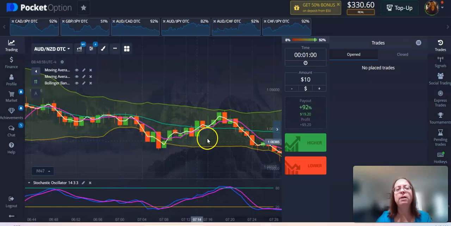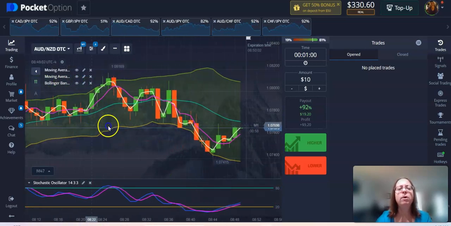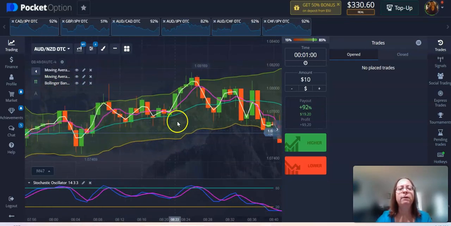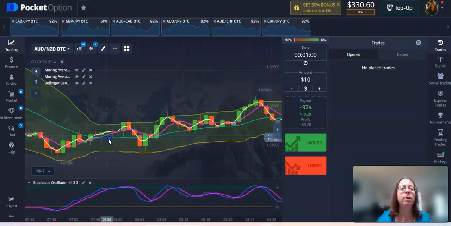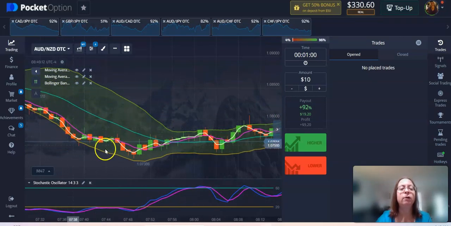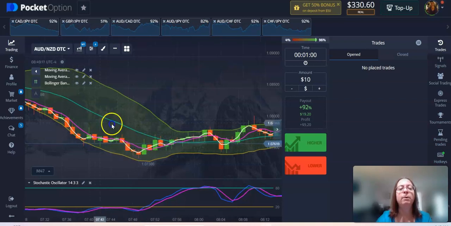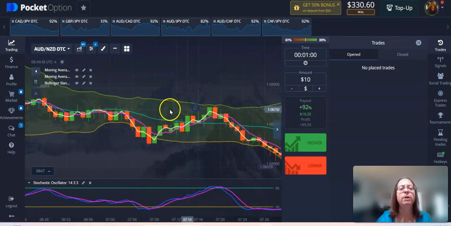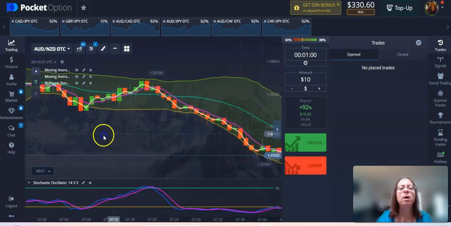Although that's kind of consolidating there, and you don't want to get into anything that looks like this. This consolidation right here is not a good movement to get in. Stay out of it. You're going to lose because it's going back up and down, up and down, and up and down. Just look for really huge movements with a sharp V at the bottom.